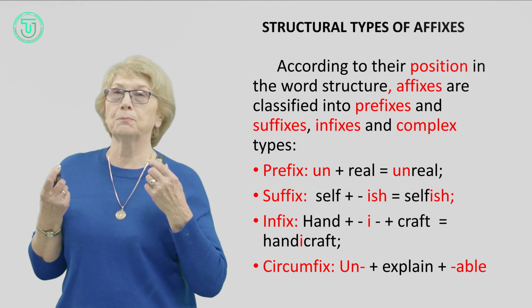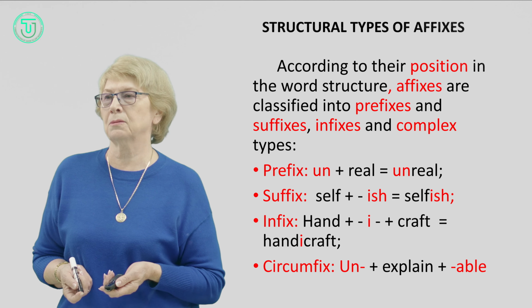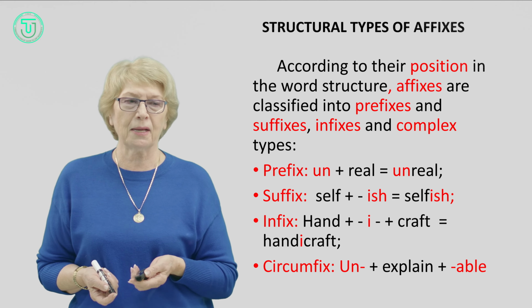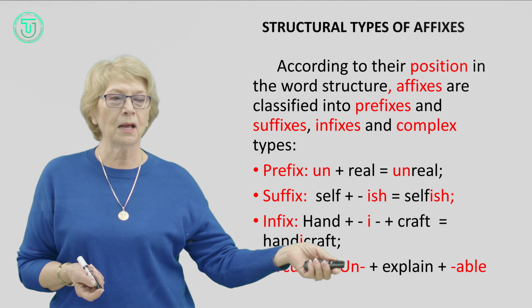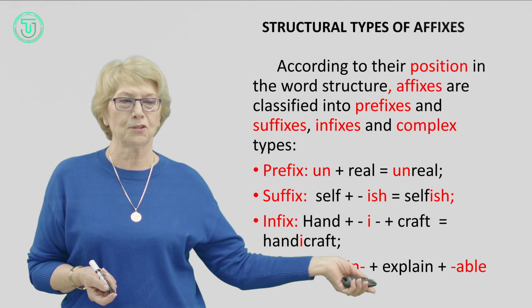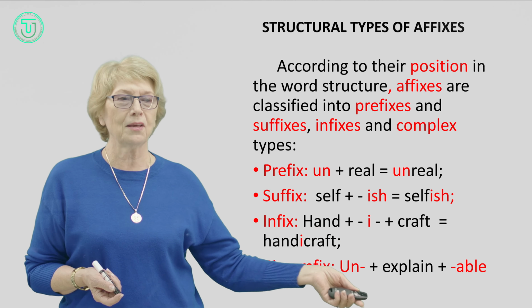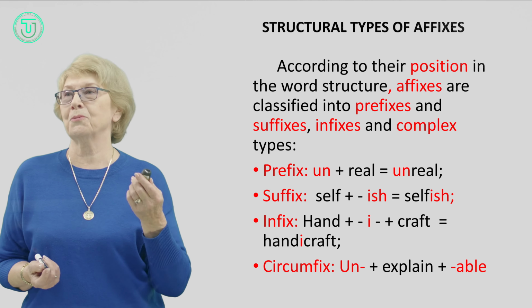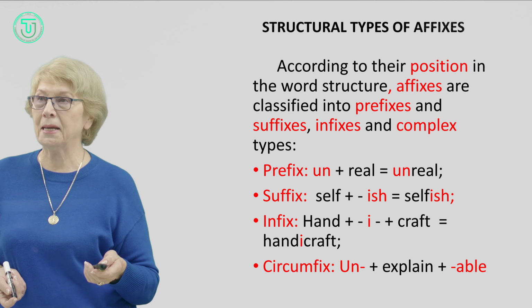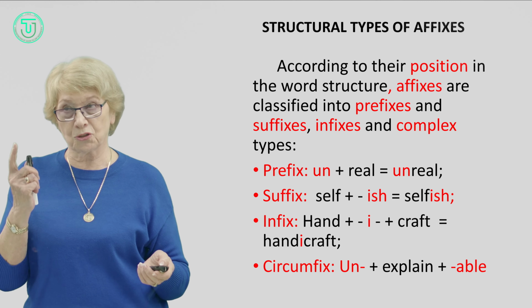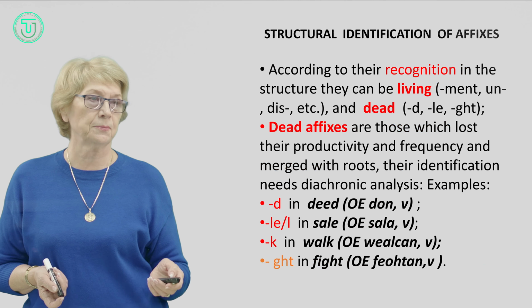There are bunches of words which are built by this pattern, and this combination of un and able more or less looks like a circle, and that's why they are called circumfixes. Okay, so these are the four basic structural types of affixes.